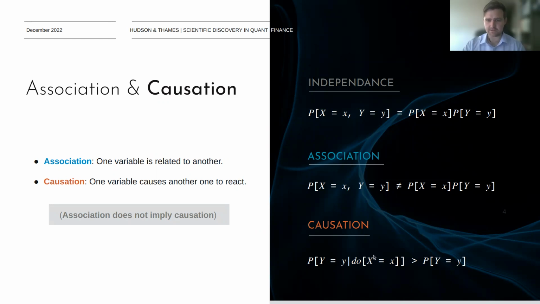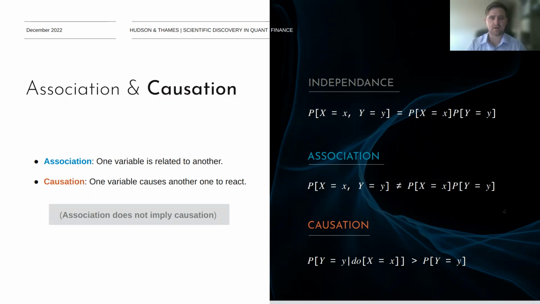We say this random variable X, we specifically set to a value x. We don't condition on the value. We want to change it so that we see if Y changes. So if the probability that we would observe Y, given that we set the value to x, increases, then there is a causation.